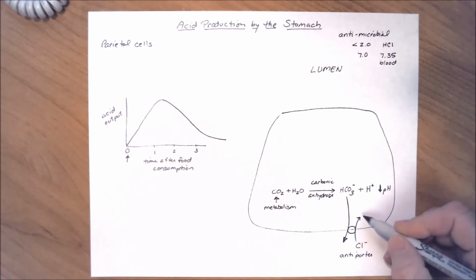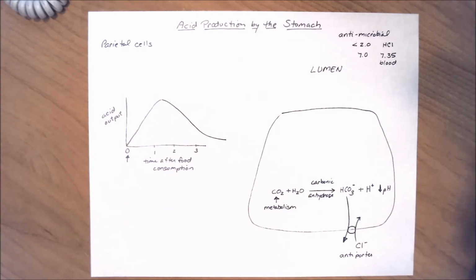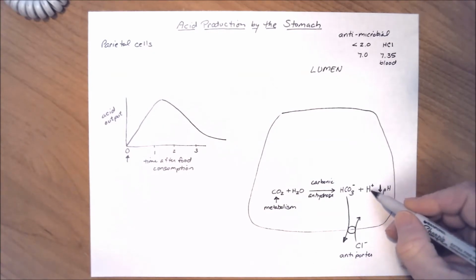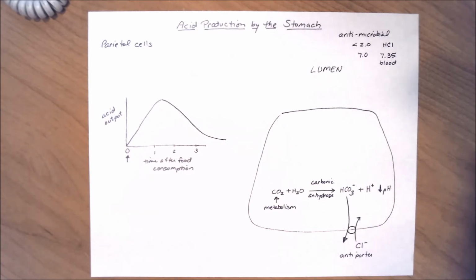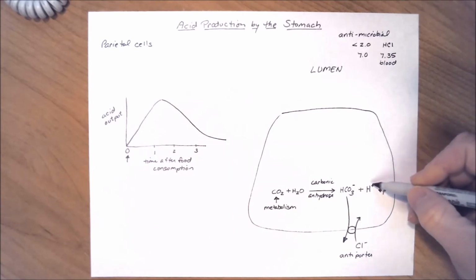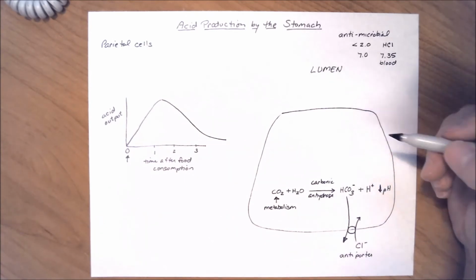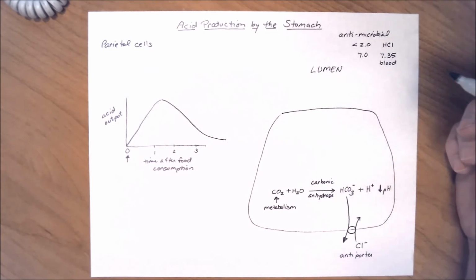Now we have our chloride being introduced into the cell. We have our proton being generated from carbonic anhydrase, and now we have the components to generate hydrochloric acid. But we next need to get this proton outside of the cell and into the lumen.